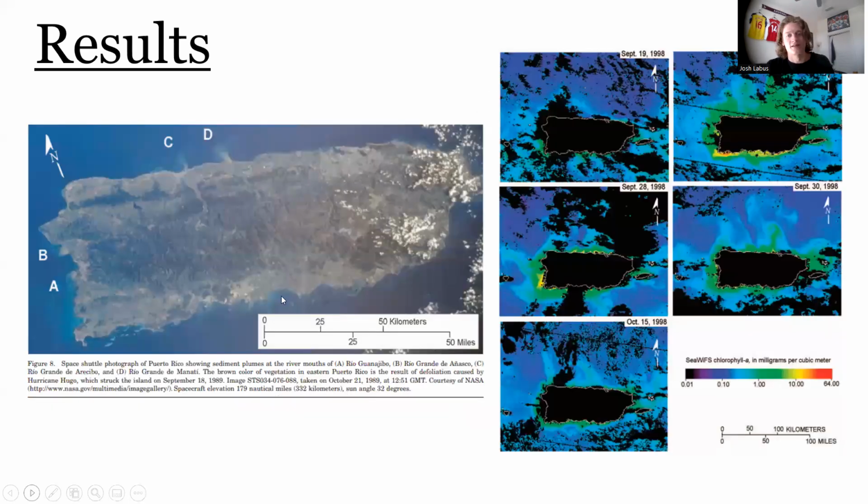And following that, I have another results slide, which incorporates that first picture that we saw on the title slide for this study. And on the right-hand side, I'll get into that in a minute because that's quite interesting. On the left-hand side is just a visual of these sediment plumes that are occurring because of the bad levels of sediment being emitted into these freshwater ecosystems in Puerto Rico. They talked about it in the study, and a lot of this is actually coming from agriculture.